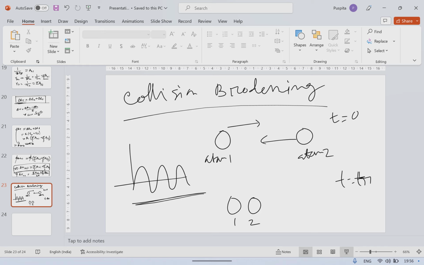The collision broadening is because of collision, and natural broadening is because of natural reasons. Broadening happens in the frequency spectrum. That's the main thing. There is Doppler broadening for Doppler reasons, and there are other kinds of broadening, like because of isotopes or because of amorphous crystals.